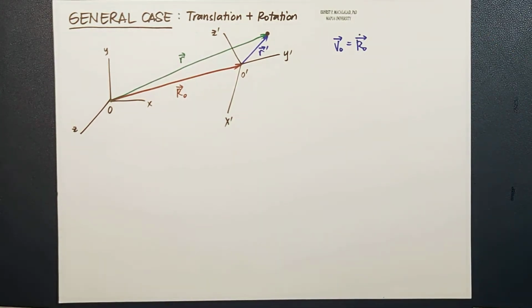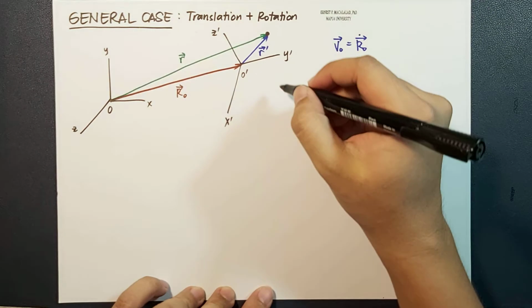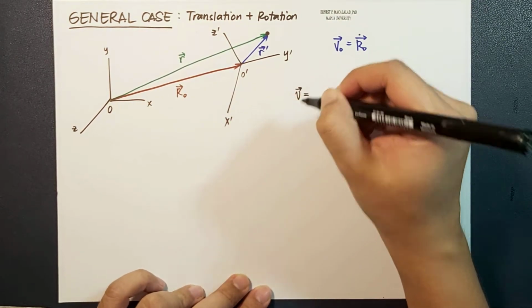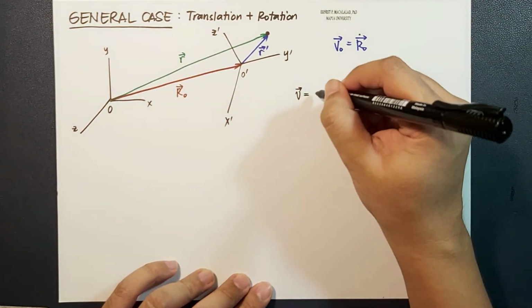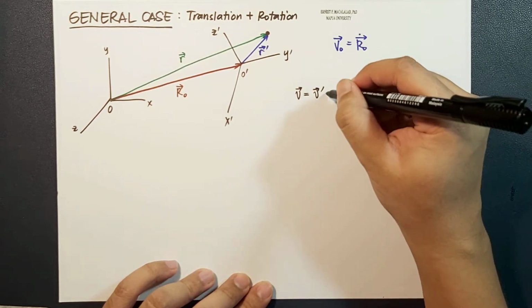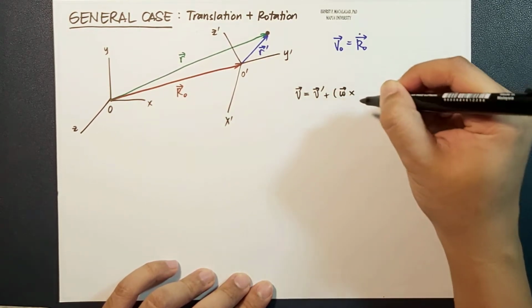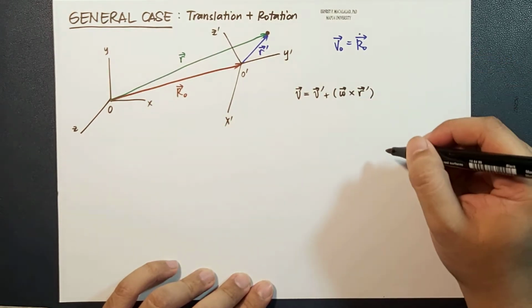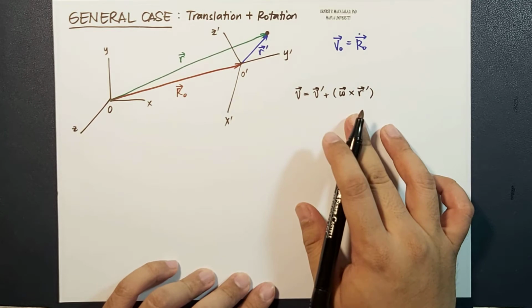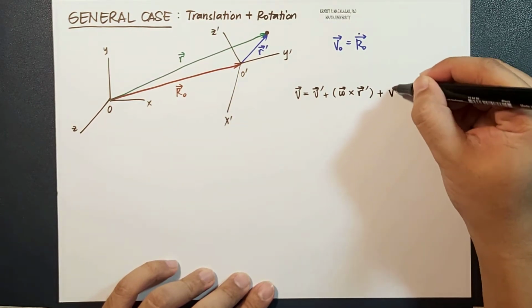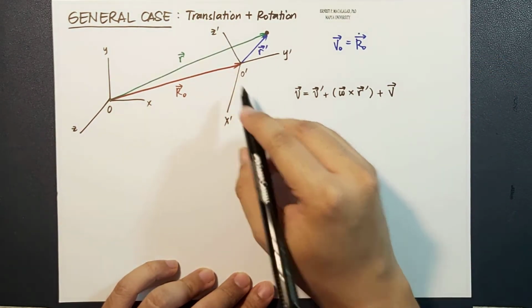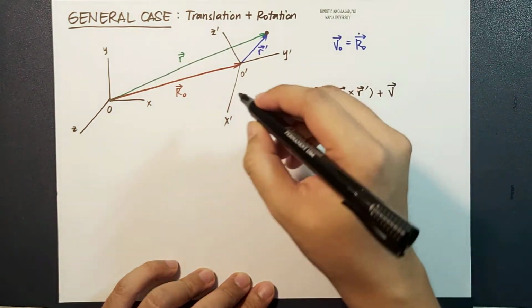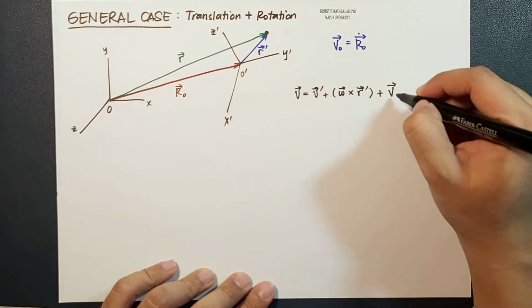Therefore, the velocity of the particle with respect to the fixed frame, v, is equal to v prime plus omega cross r prime, which is what we got earlier, plus the translational velocity of your moving frame.